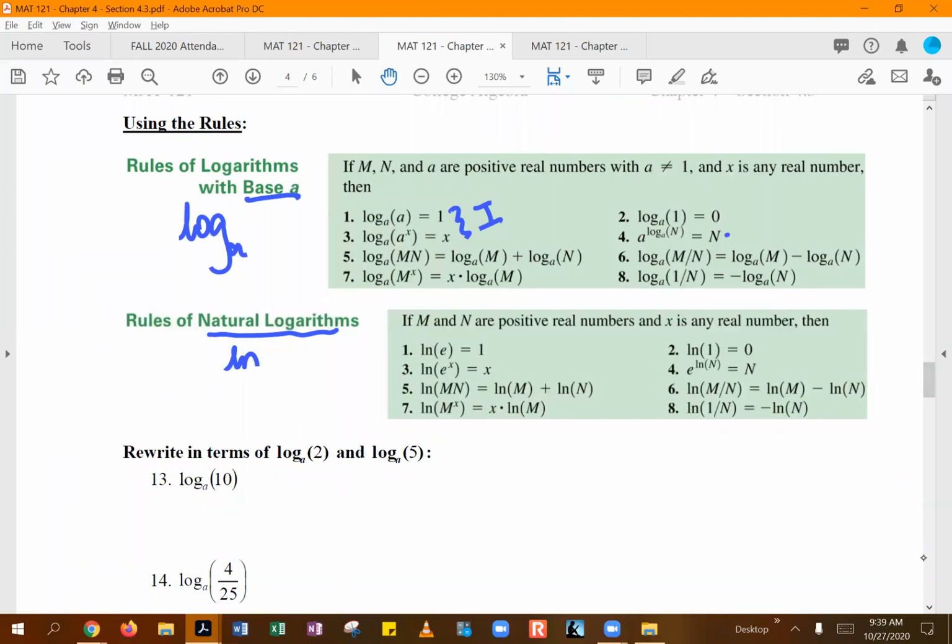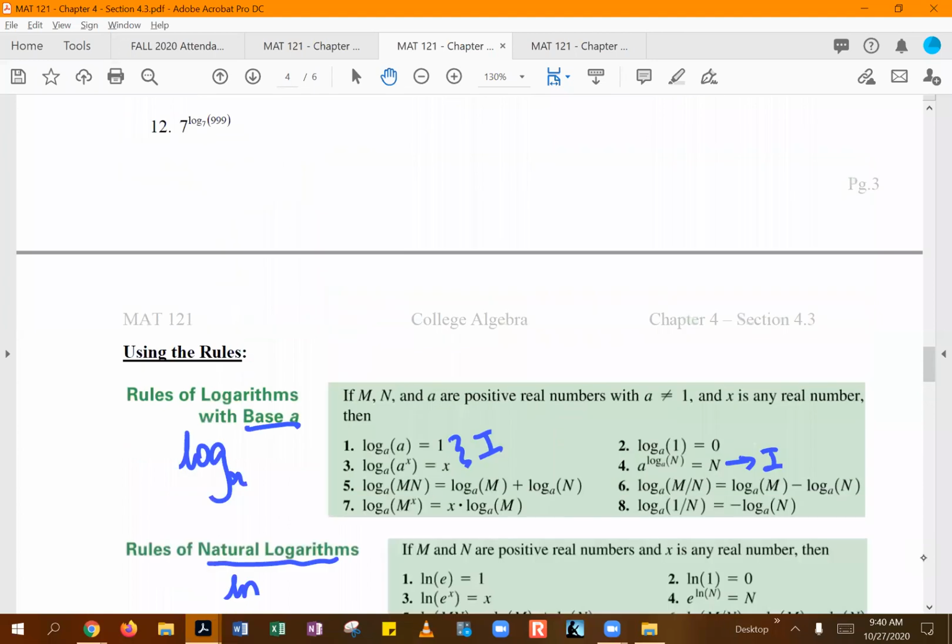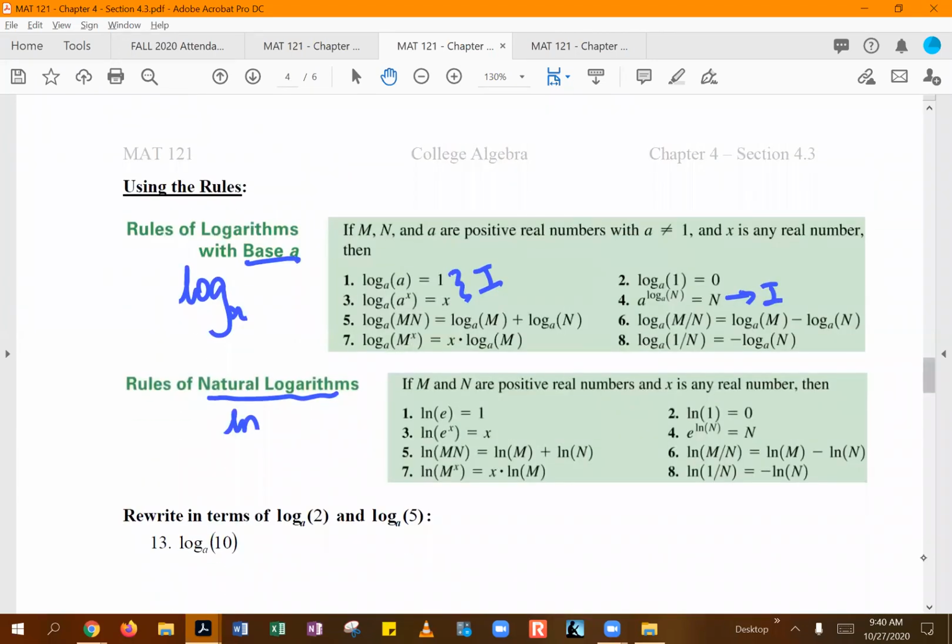Rule number 4 is also based on the inverse rules we just looked at. You should recognize rule number 5 as your product rule. Rule number 7 is your power rule. Rule number 6 is your quotient rule. And honestly, rule number 8 is also based off of the quotient rule. They're just splitting it up into 8 different rules, but all of these are the rules that we have already talked about.